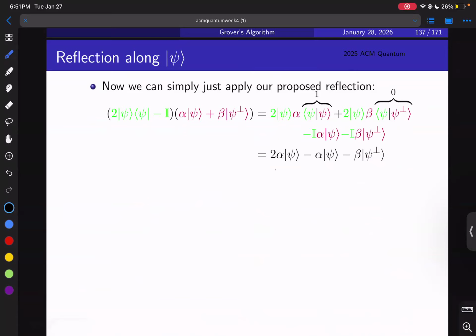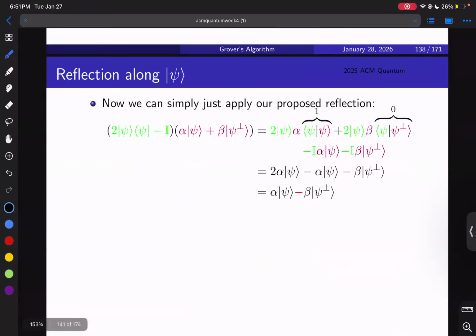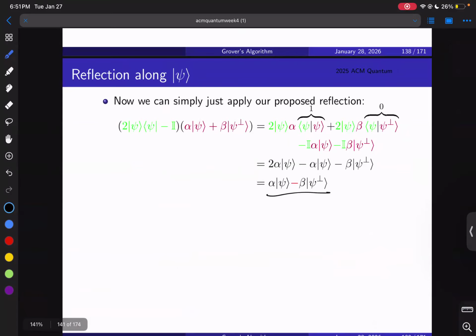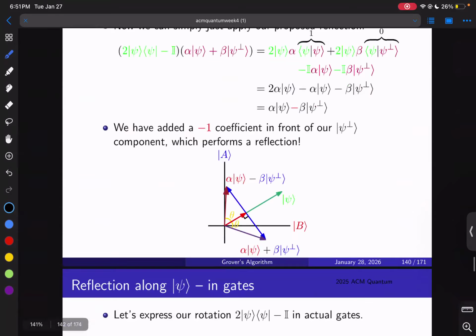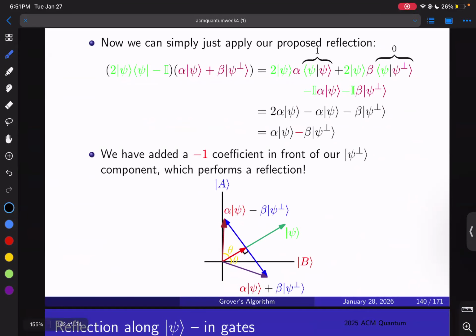Okay, these are like terms right here. We can just collect them together and we get this result where we get alpha ket psi minus beta ket psi perp. And just like what we said with the B reflection, this is a reflection along psi because we've just added a -1 coefficient in front of the psi perp state. So the component in the psi direction stays the exact same, but the component in the psi perp direction is flipped.